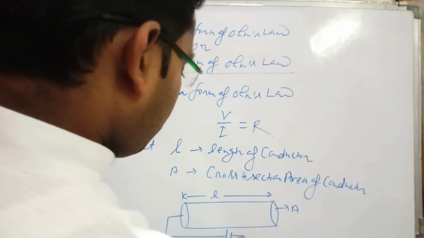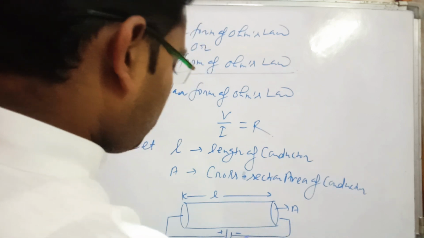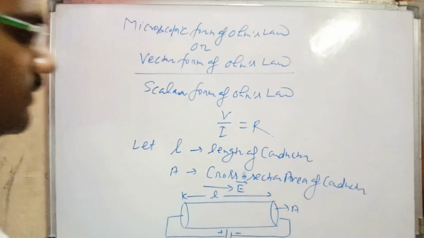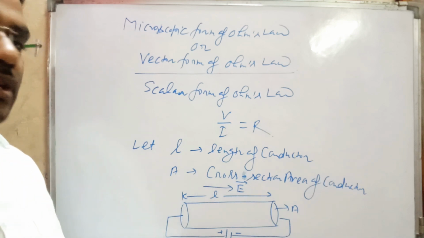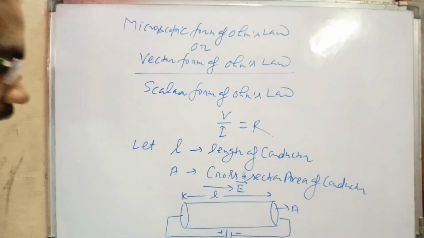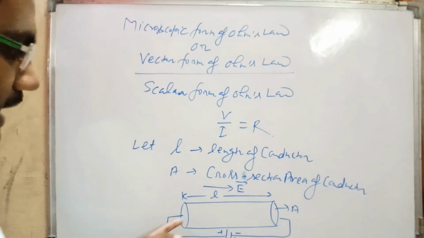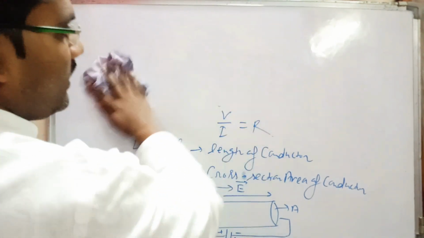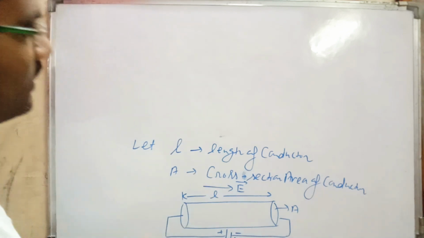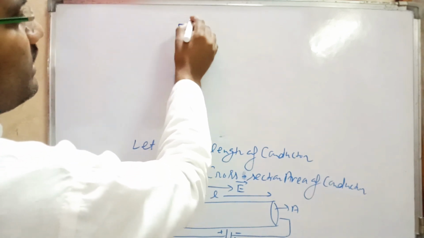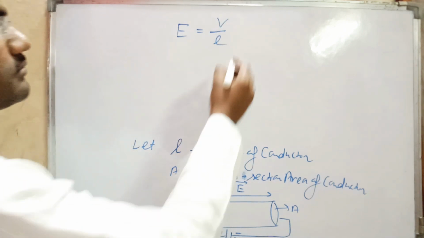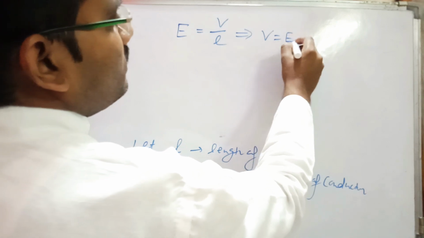When we apply a potential across this conductor through an external source, an electric field is produced. The direction of the electric field is from the positive terminal to the negative terminal. If potential V is applied across a conductor of length l, the electric field produced is E equal to V by l. Therefore V is equal to El.